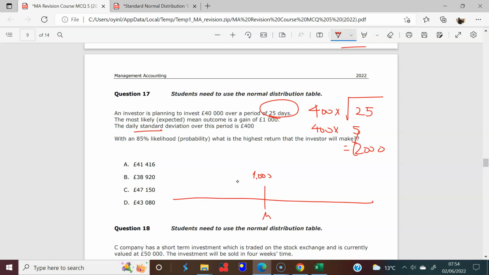Right. So with £2,000, and again, this question is now asking me with an 85% probability. So just like I was using the z-scores to find probability, I can go the other way to find what point the z-score would be. So here's the thing. My first z-score, when it's 1, will be plus 2,000, taking me here to 3,000.